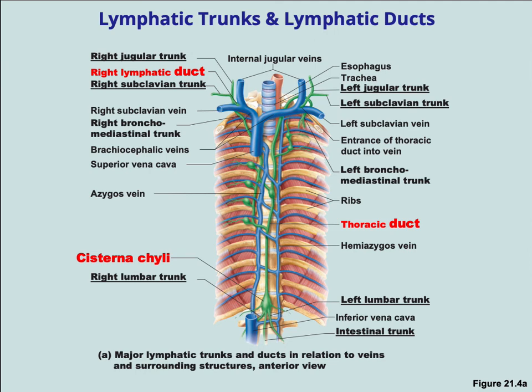These trunks drain large areas of the body, and they're large enough to actually be found by some dissectors. There are 5 major lymph trunks: the lumbar trunk, intestinal trunk, subclavian trunk, jugular trunk, and bronchomediastinal trunk. I'm going over it quickly because I don't require you to know any of them, not for this class.